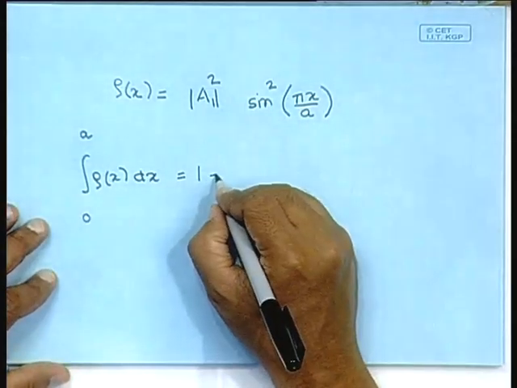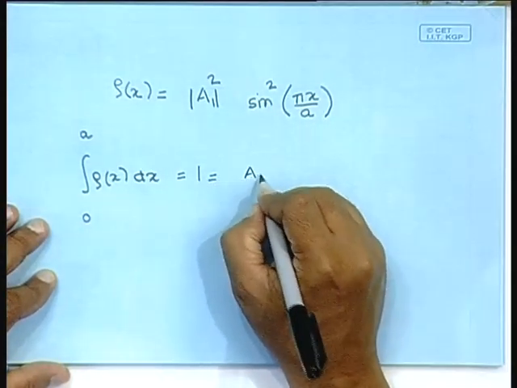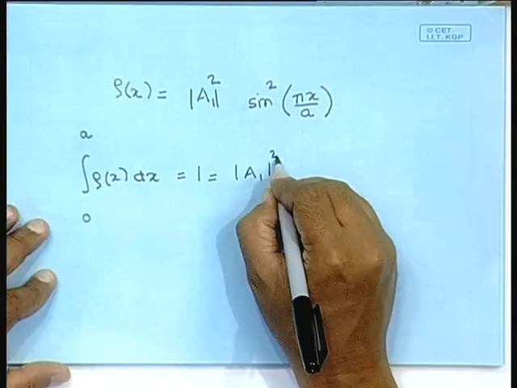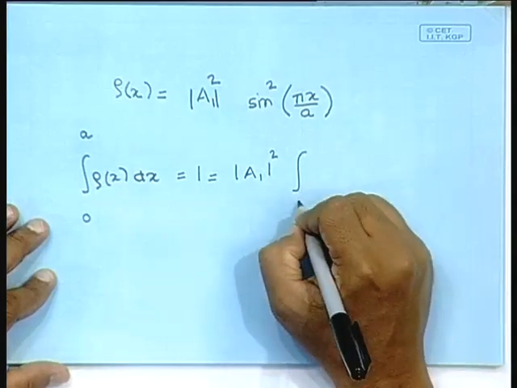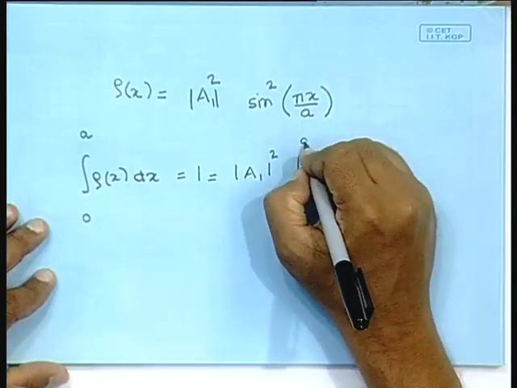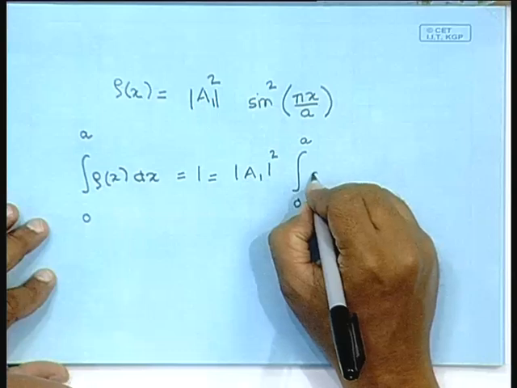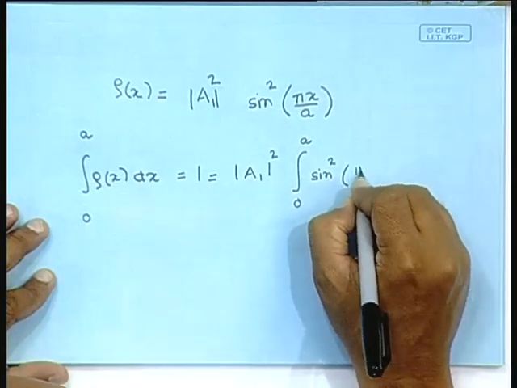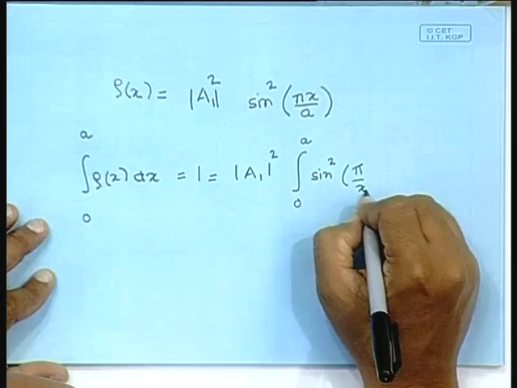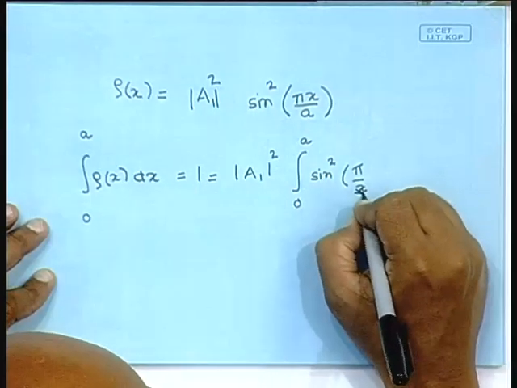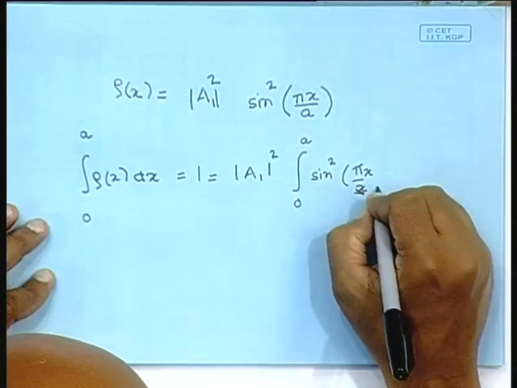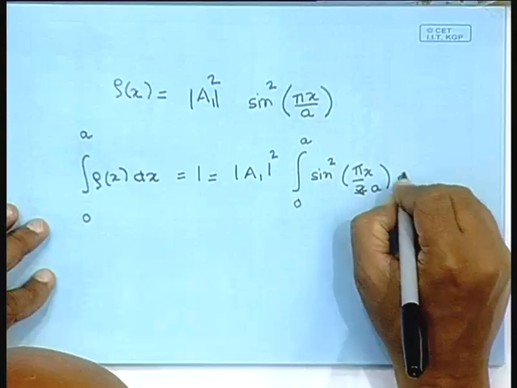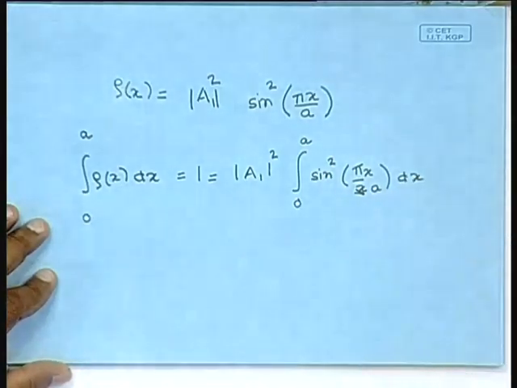So, mod of a1 square, integral from 0 to a of sine square pi x by a dx. This has to be 1.